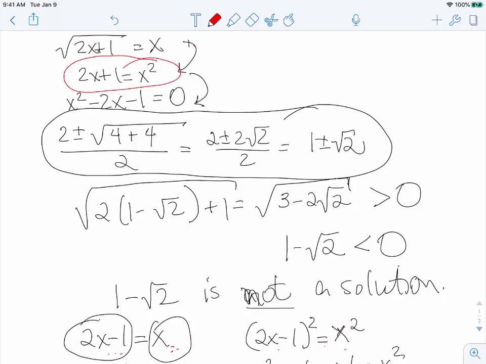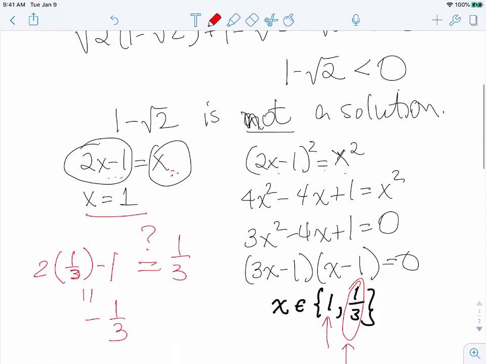We did the same thing from this step to this step. We squared both sides of the equation, turning this problem into a different problem, a quadratic problem, which has two real solutions in this case.